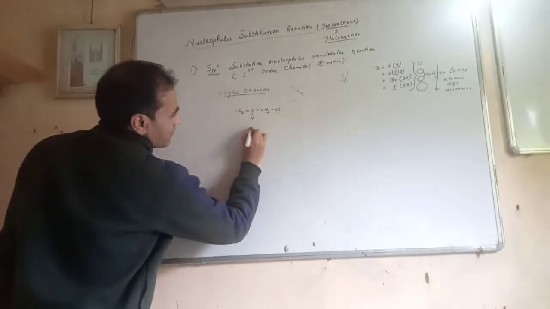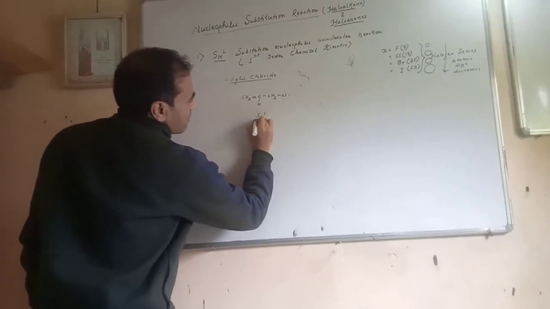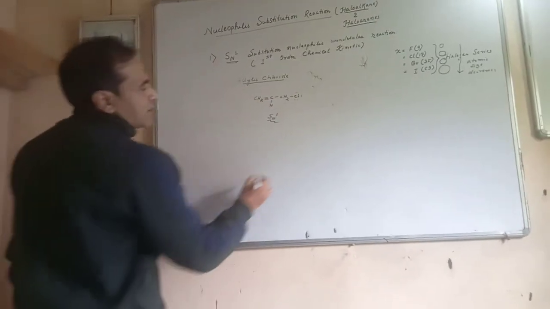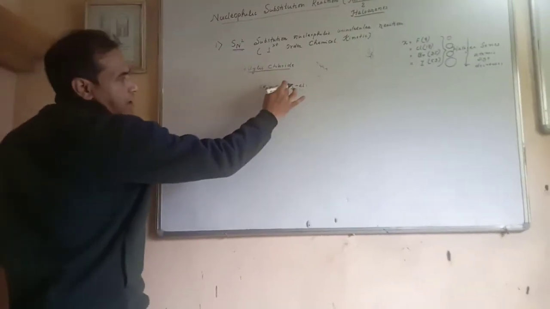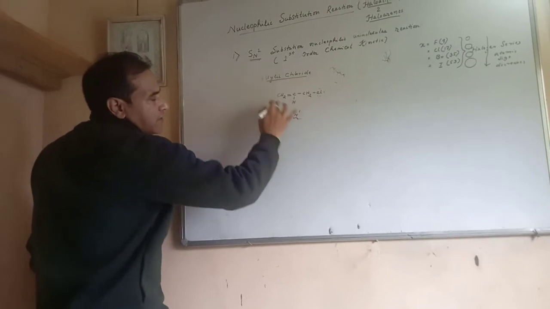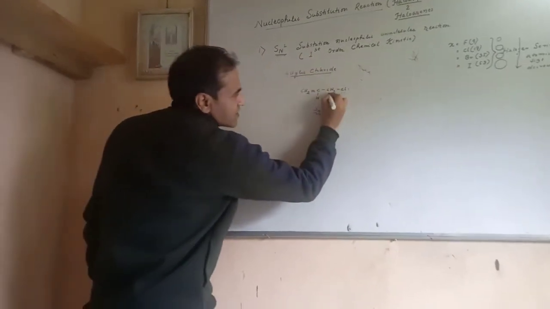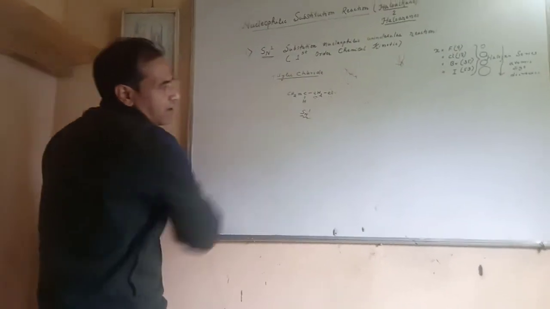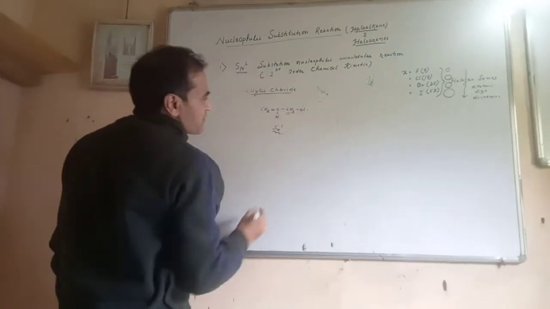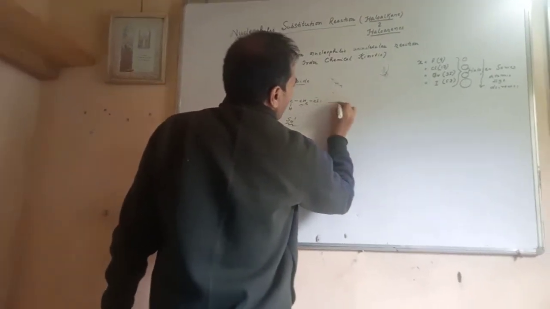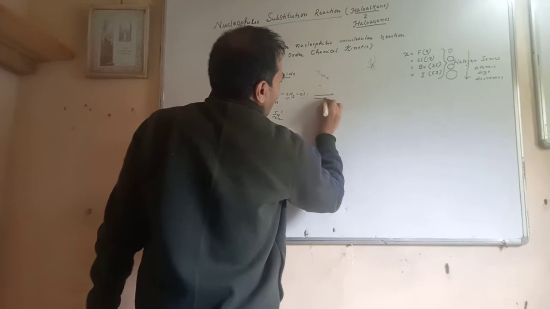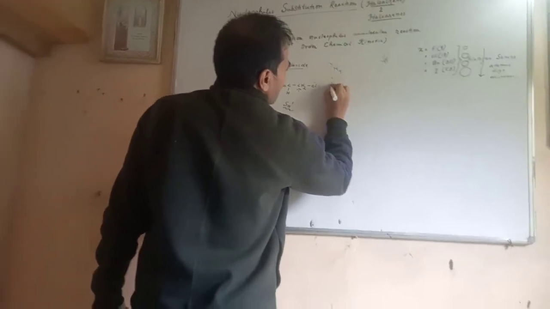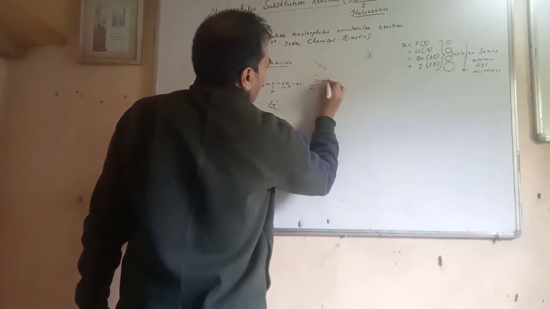Now, take the case of this one. This is more favorable in SN1 reaction. Why? Because it is having a bulkier group. This carbon atom is having a bulkier group and it is sp3 hybridized. Let's go for a reversible reaction, which is step 1.